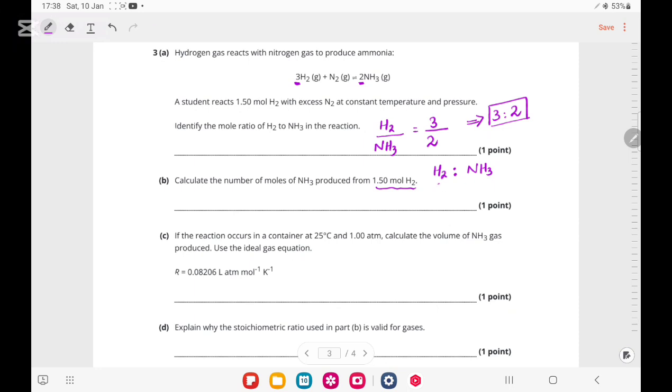From the equation, 3 moles of hydrogen react to give 2 moles of ammonia, and if it is 1.50 mole of H2, it is going to be X. So cross multiplied, 3x is equal to 3, and X comes out to be 1 mole of ammonia.